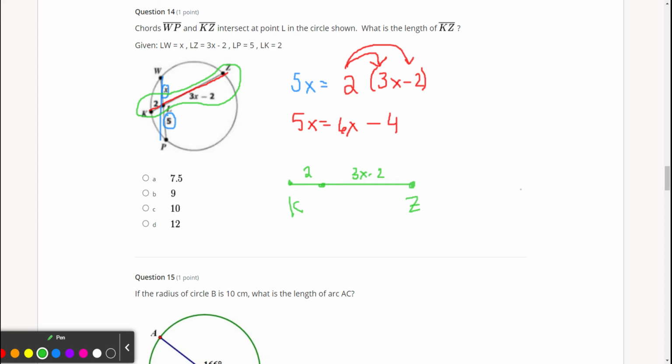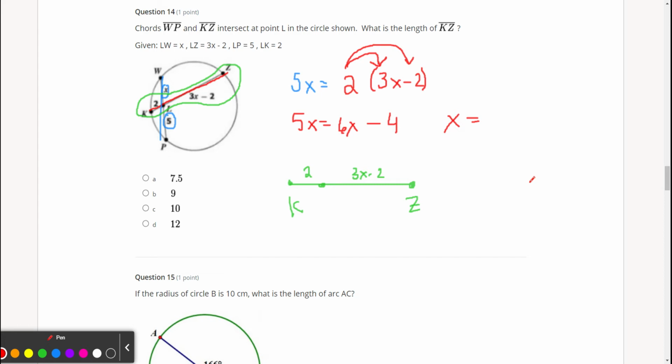Okay, so when you have two intersecting chords, you got to multiply x times 5, and then you got to distribute 2 times 3x minus 2. So when you distribute, you get 6x minus 4. What's x equal? Does x equal -4 or +4?